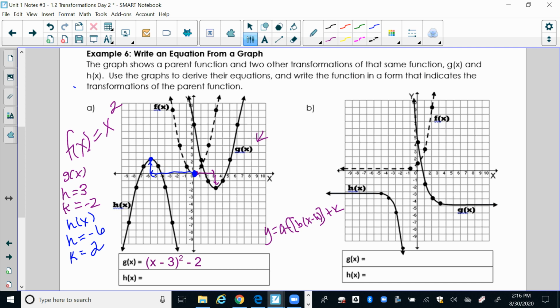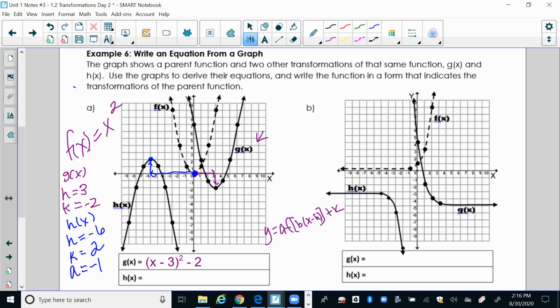And now we need to check to see, are there any reflections, any compressions, any stretches? There is definitely a reflection over the x-axis, which means our a value is going to be negative. And now let's see if there are any stretches or compressions. We still have that same change in y over change in x, that same rise over run.